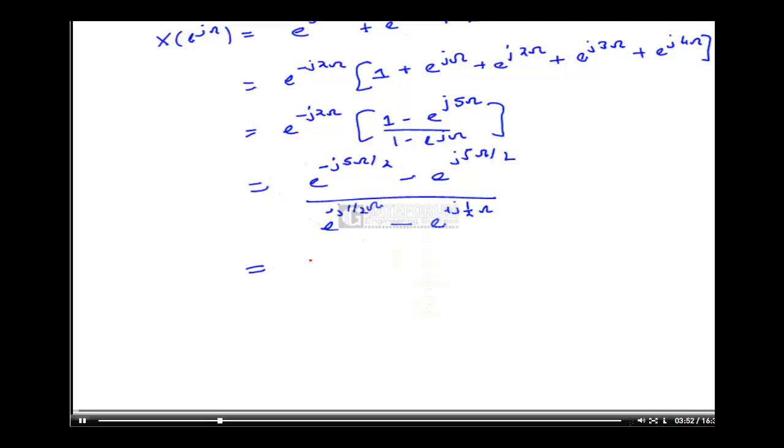This is equal to sine 5 by 2 omega upon sine 1 by 2 omega. Okay. This way we can find the DTFT. It is nothing but simply using the formula correctly to find the DTFT of this.